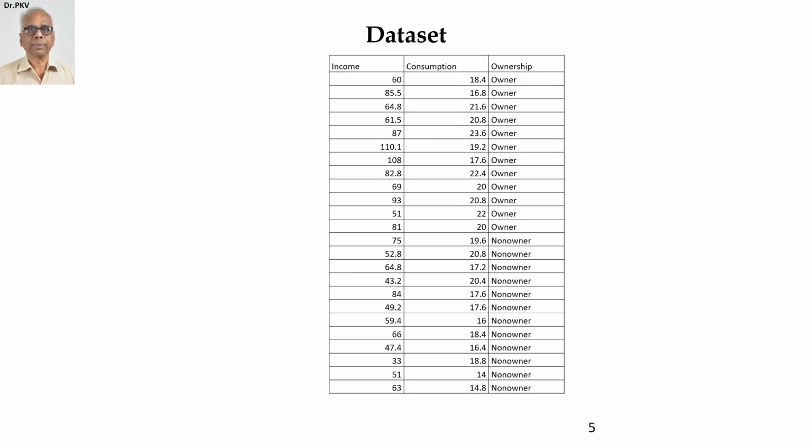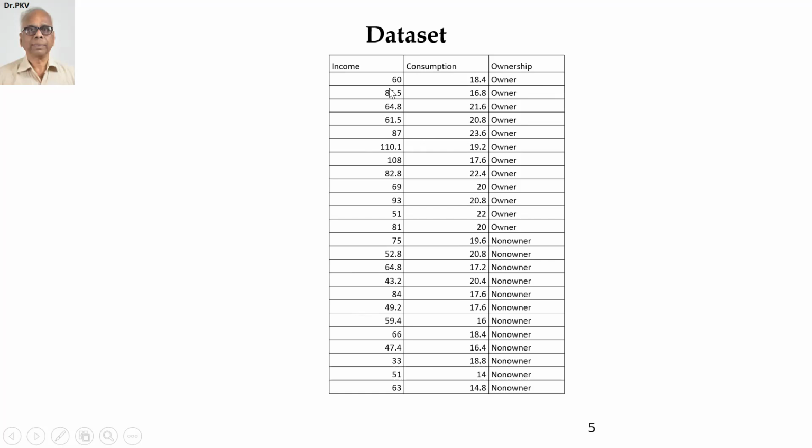So this is the data set containing the two feature variables and the outcome, which is the ownership. Either a person is an owner or a non-owner based on income and consumption of electricity. So this is the problem.